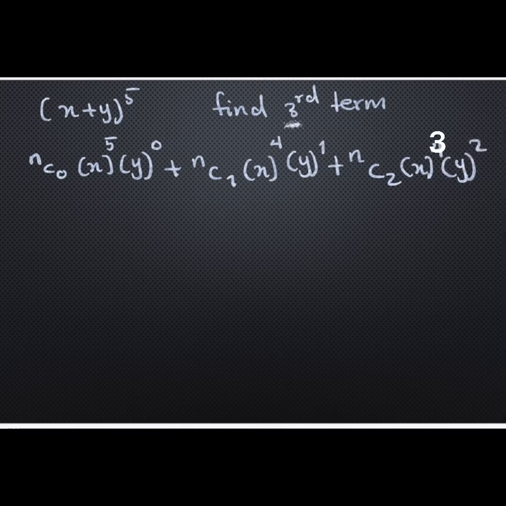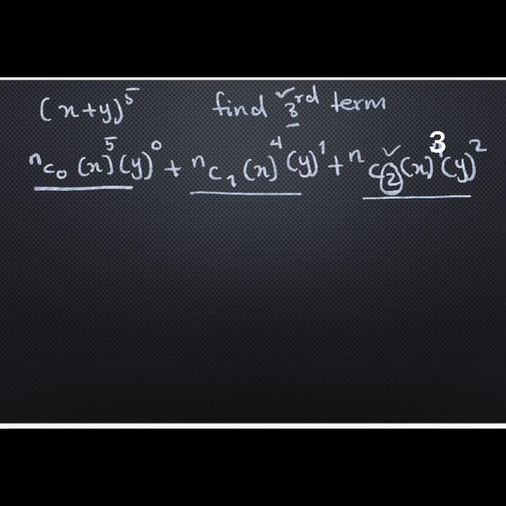So for the third term we have to go till there, right? So 1, 2, 3, right? For the third term, you look at our nC2. So third means we are doing till nC2, right? Third term.